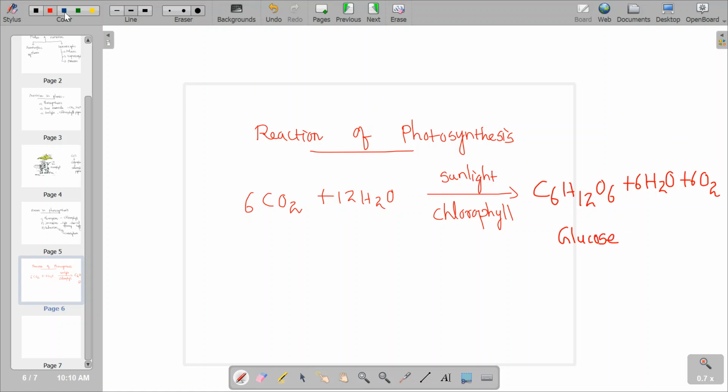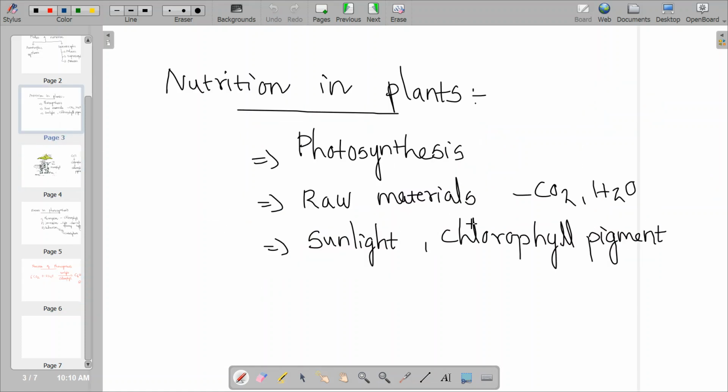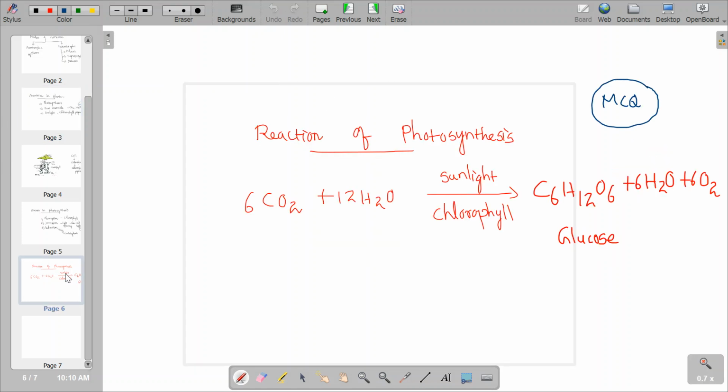Okay, for MCQ, you can expect this question: how to identify the reaction of photosynthesis. Apart from that, the raw materials of photosynthesis we mentioned earlier are also a repeatedly asked board exam MCQ question.